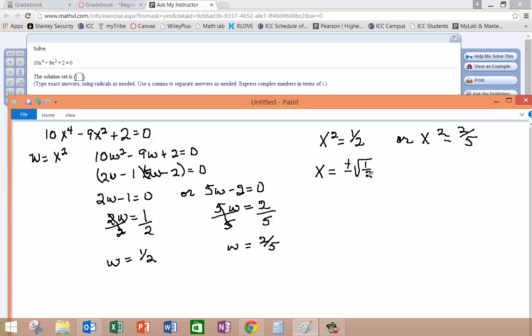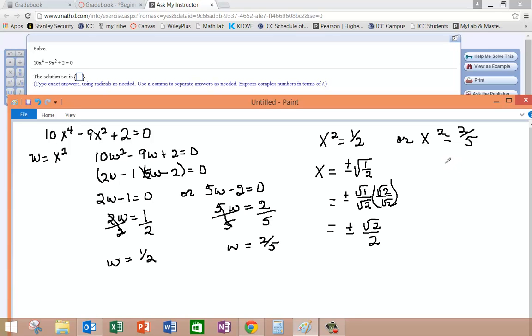But we can't leave a radical in the denominator, so we will rewrite that as plus or minus square root of 1 over the square root of 2. To rationalize the denominator, we'll multiply by square root of 2 over square root of 2. So that's going to give me plus or minus square root of 2 over 2.